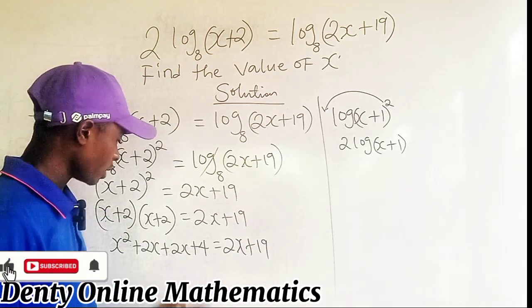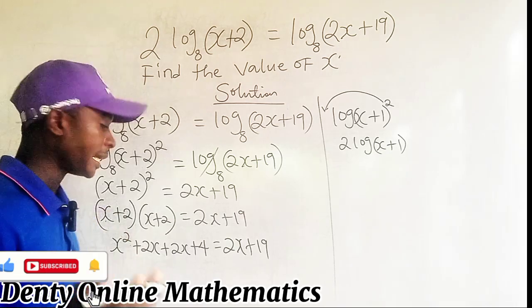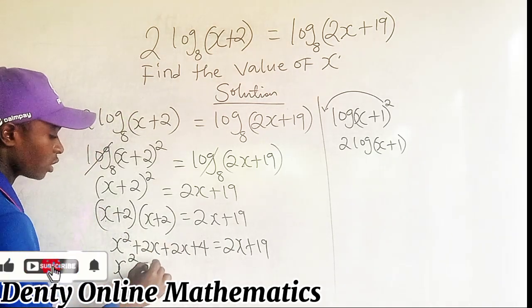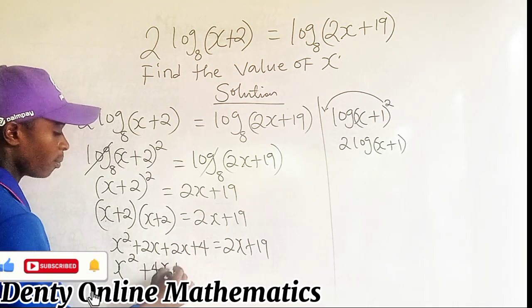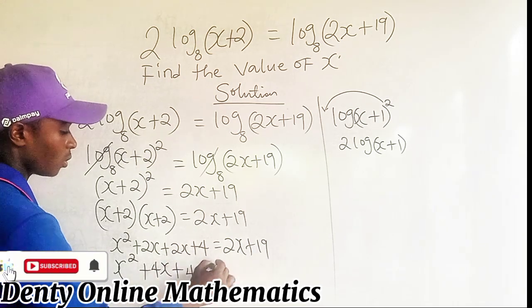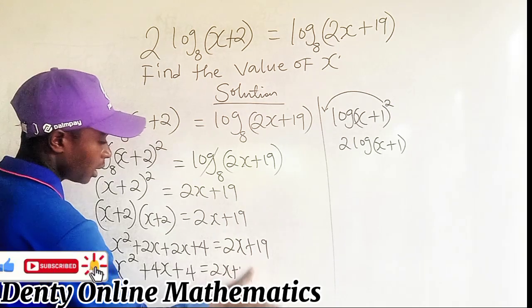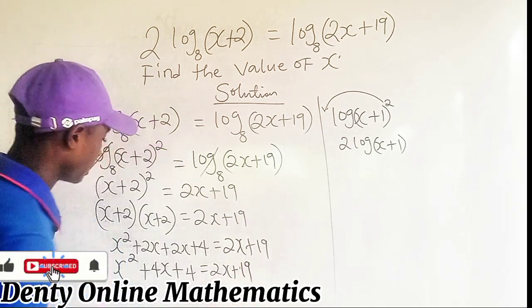Now at this point we are going to collect like terms. So bring down our x squared, 2x plus 2x will give us plus 4x, plus 4, equal to 2x plus 19.